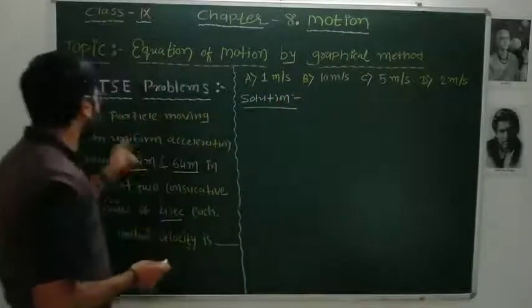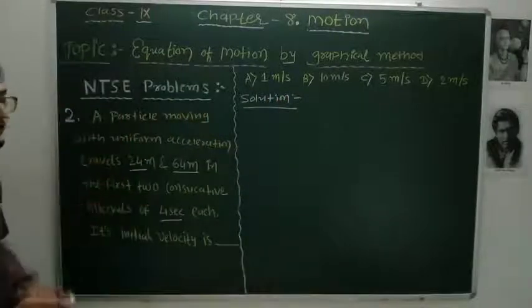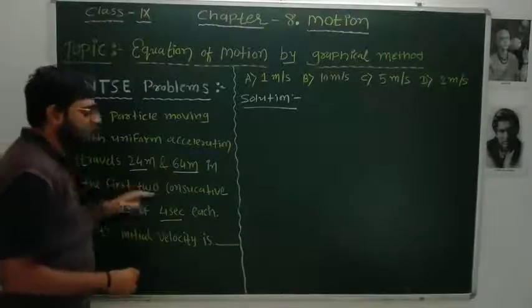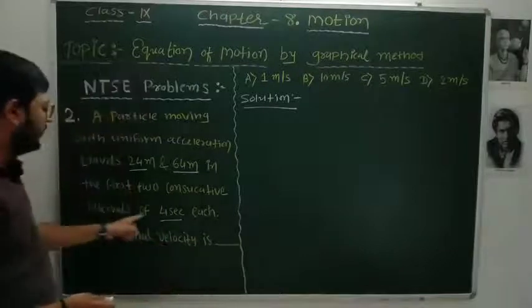So first, we are given a particle moving with a uniform acceleration that travels 24 meter and 64 meter in the first two consecutive intervals of 4 seconds.